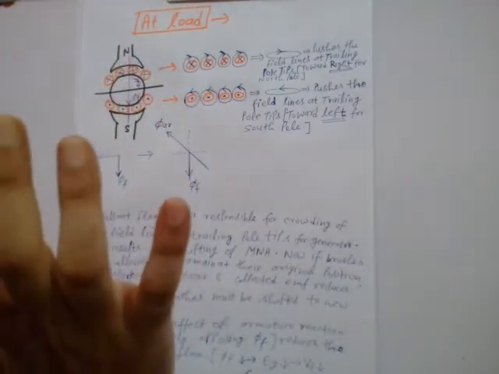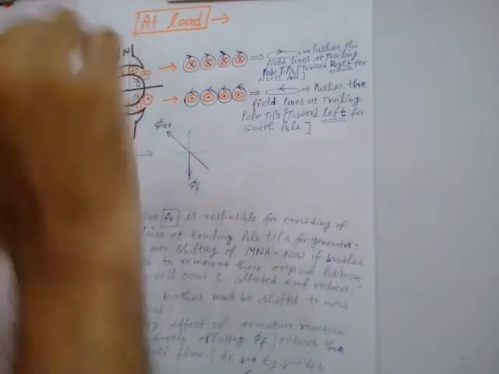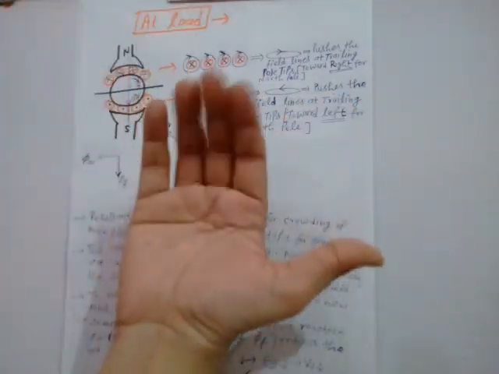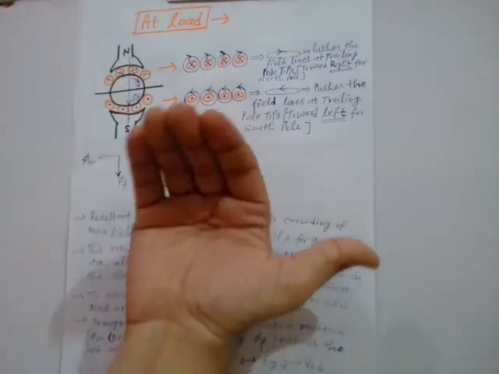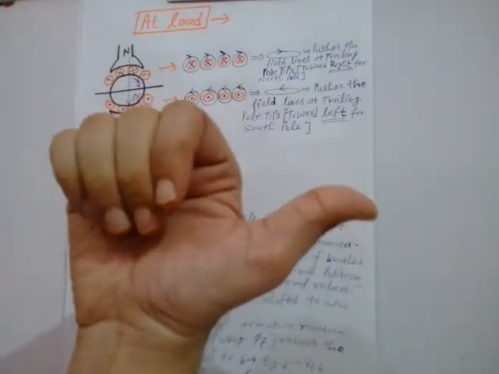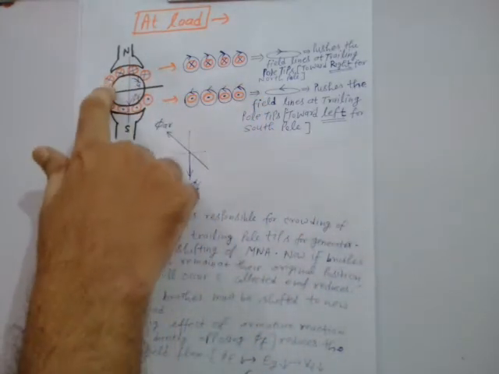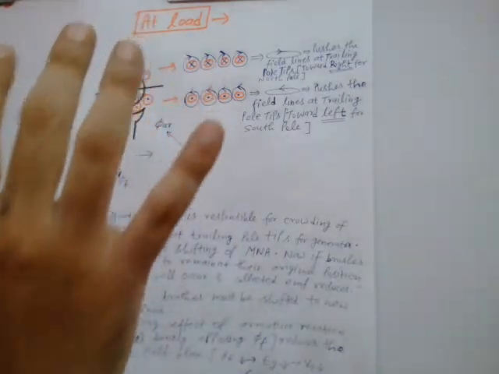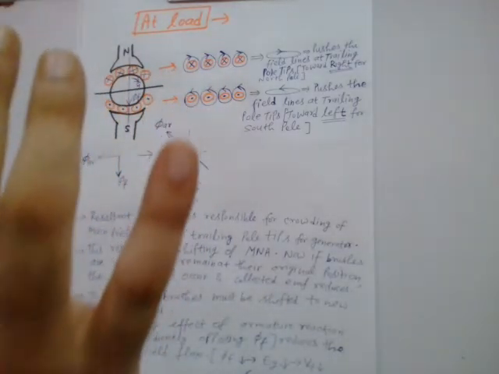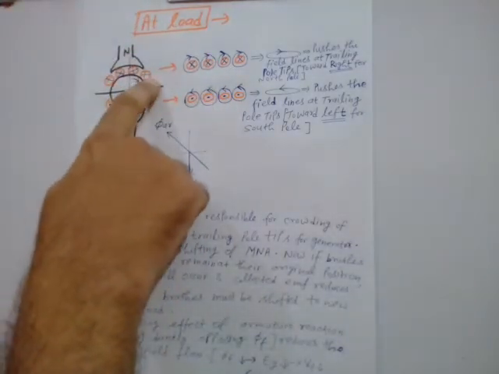That means it must go away from the reader, right? You cannot do it like this, because if you point the four fingers like this, that means it is coming towards you, right? But for the upper rotor conductors, the current is going away from the reader. That is the meaning of cross, right?